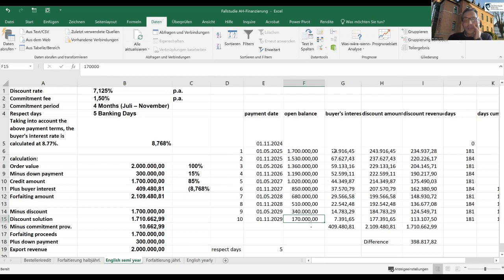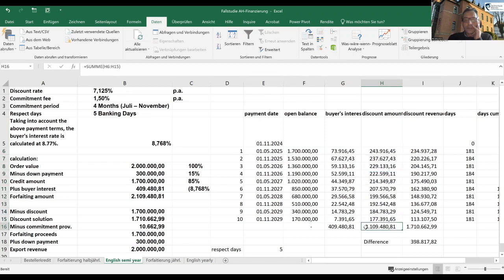And on the open amount, you have to pay the interest of 8.77. And that's that one here. And the discounted amount, therefore, is in every case that one.